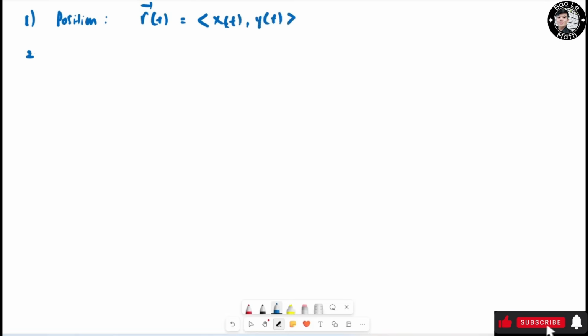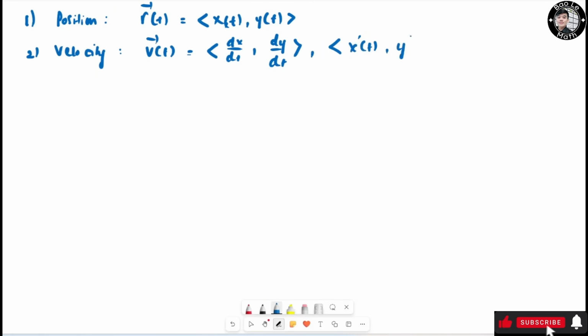Number 2, we're going to talk about the velocity. It's going to be v of t equals dx over dt, dy over dt. Or sometimes we're going to write this one as s prime of t, y prime of t.